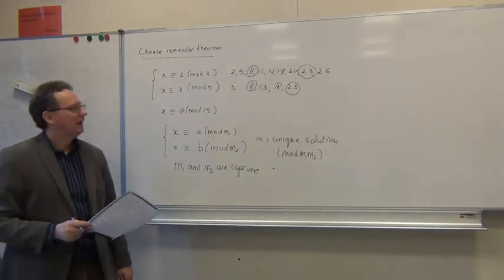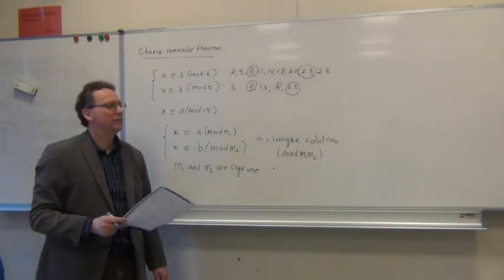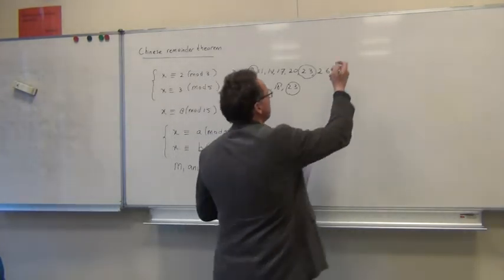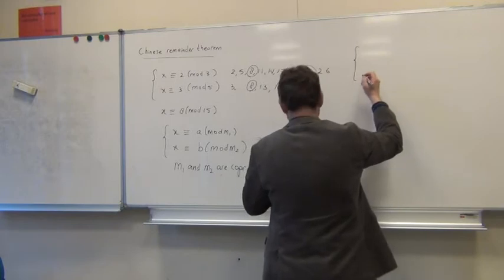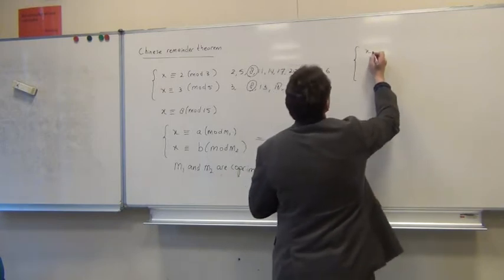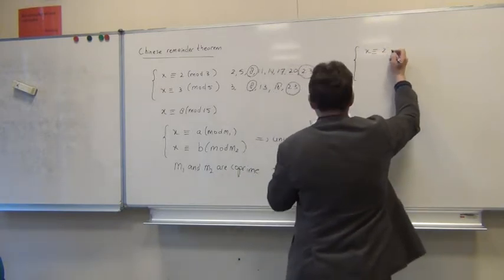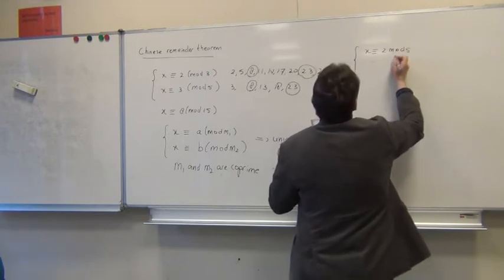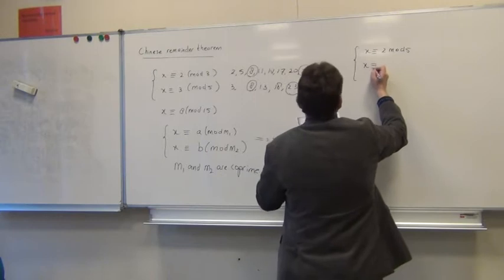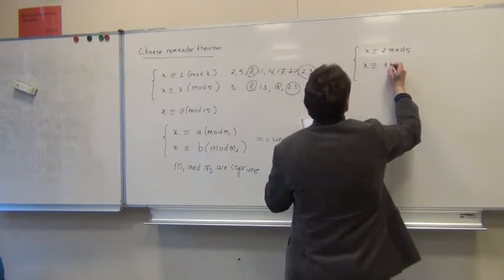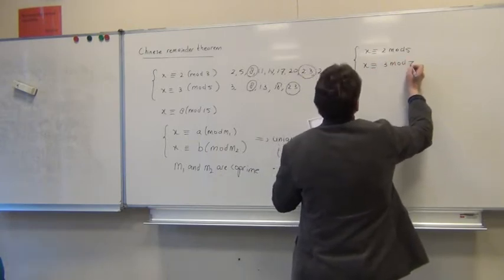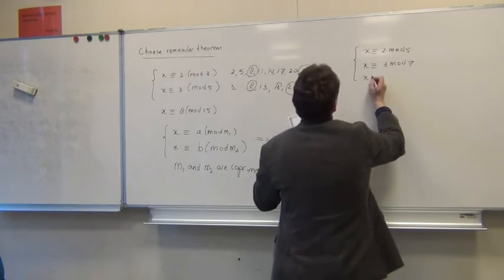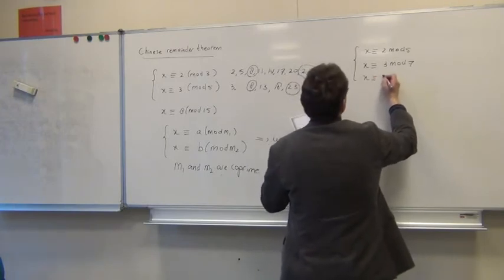Okay, it's also possible sometimes to have a system of 3 linear congruences. For example, if you have x congruent 2 modulo 5, x congruent 3 modulo 7, and x congruent 5 modulo 13.